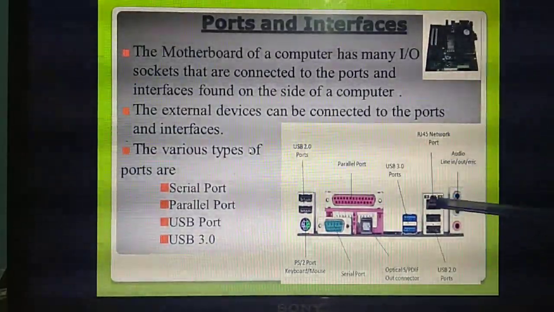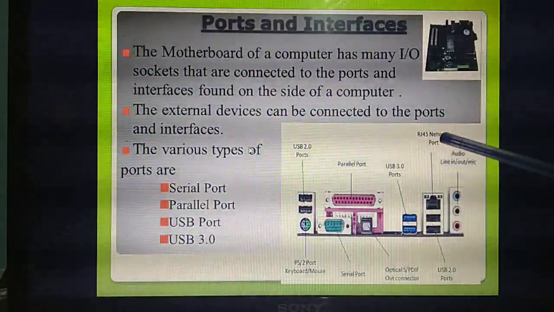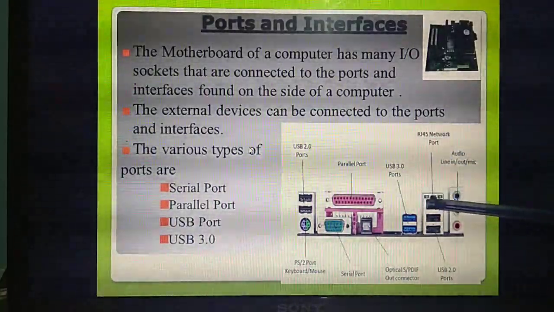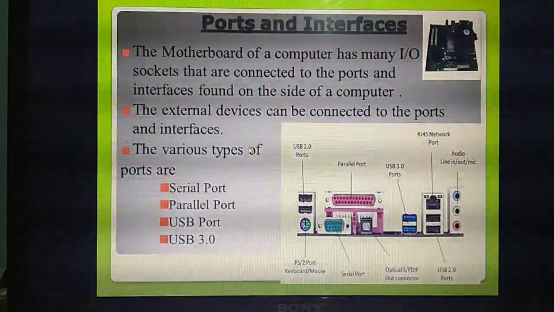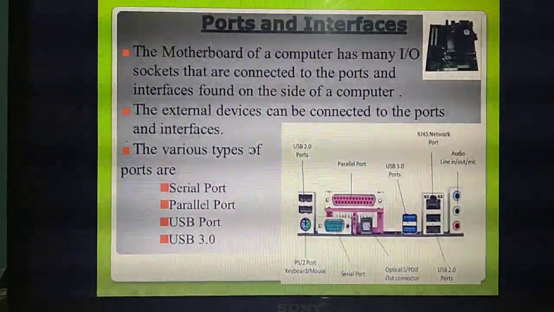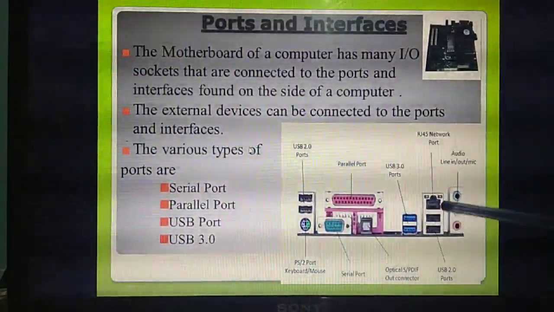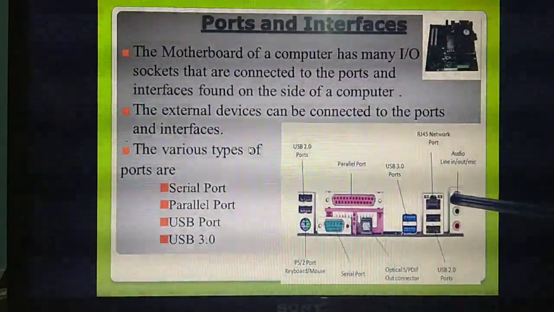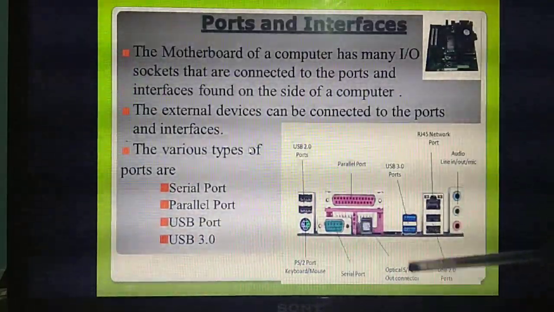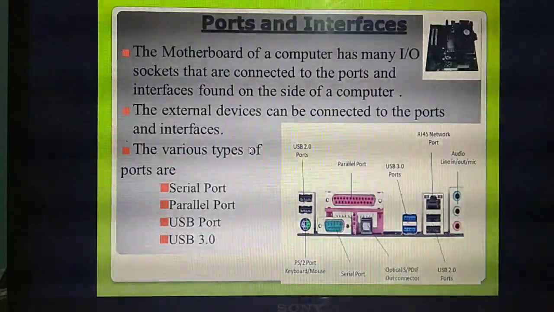Then have you seen the RJ45 connector? Here you plug in the cable if you need a network connection or internet connection in your system. Likewise, this network cable you need to plug in here. Understand?